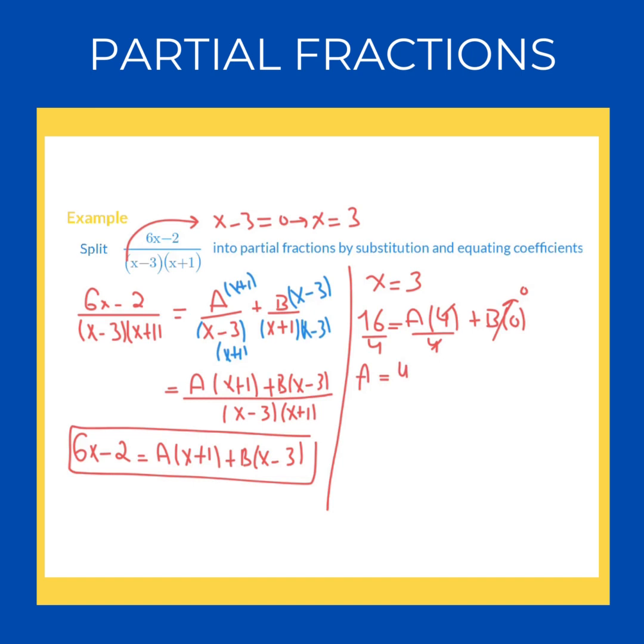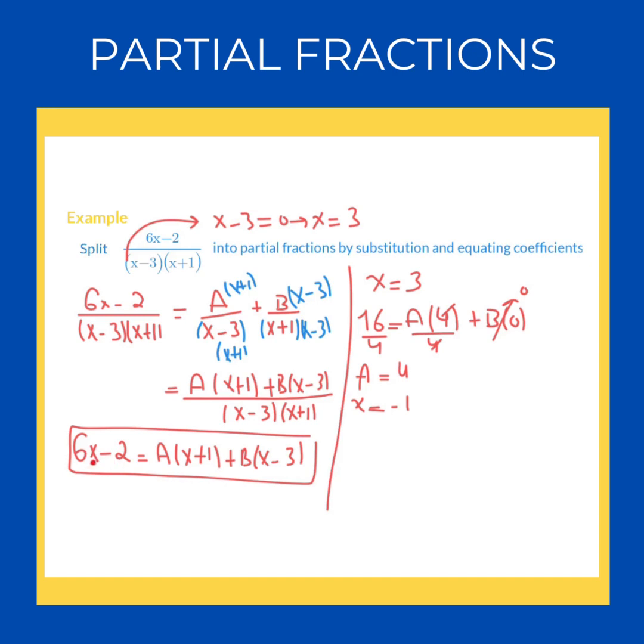Now, when x is equal to negative 1, how did I get x is negative 1? I equated x plus 1 to 0, so x is negative 1. Again, I need to substitute x equals negative 1 into the equation. So 6 times negative 1 is negative 6, negative 2 is negative 8.